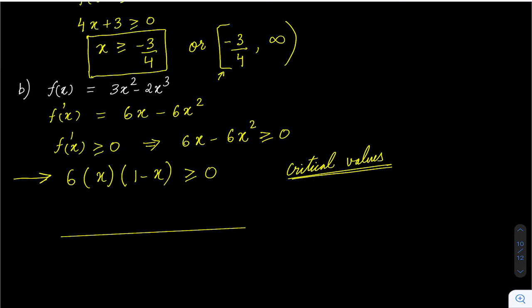So when you equate this to 0, you get x as 0 and 1. Then you plot those critical points on the number line. So what will happen now is, you can see this number line is divided into 3 parts. First part is minus infinity to 0, second part is 0 to 1, and third part is 1 to infinity.